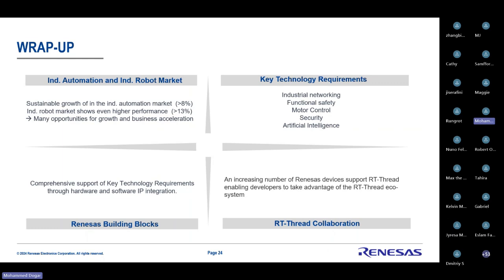So collaboration, the ecosystem has to work together to provide a complete solution. And hopefully, I've been able to showcase that Renesas is providing all the key building blocks to implement a very comprehensive, very robust, but safe robotic solution in a whole host of applications.